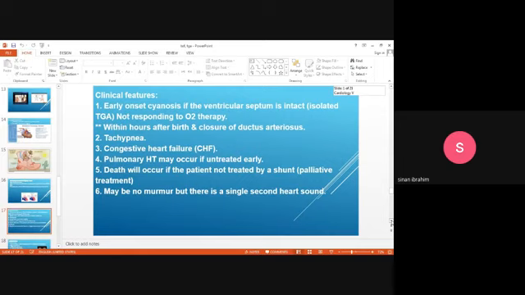This will end with heart failure and severe pulmonary hypertension if the patient is not corrected early in life, usually in the first few months of life or in infancy. If not treated, the patient will end with pulmonary hypertension and Eisenmenger syndrome. Death usually will occur if the patient is not treated by a shunt procedure.